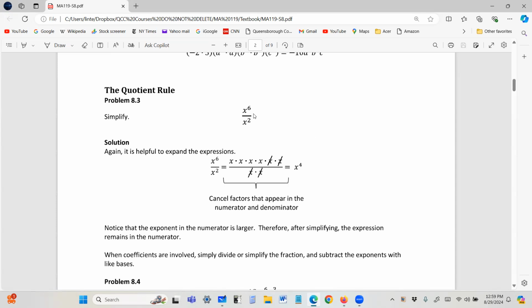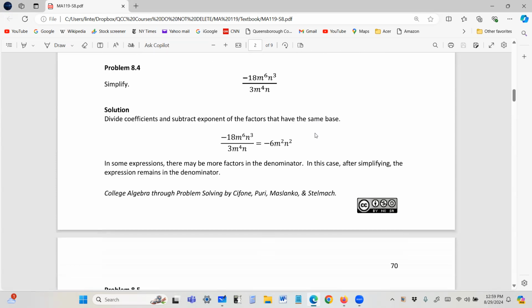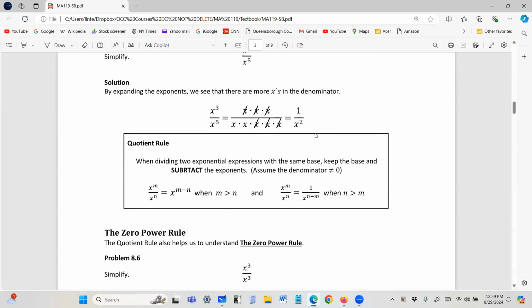So x to the 6th divided by x squared would be x to the 6 minus 2, or as you can see here, x to the 4th. So the quotient rule again only applies if the bases are the same, right? x to the 6, x squared. Okay, we'll do some examples in a few minutes.